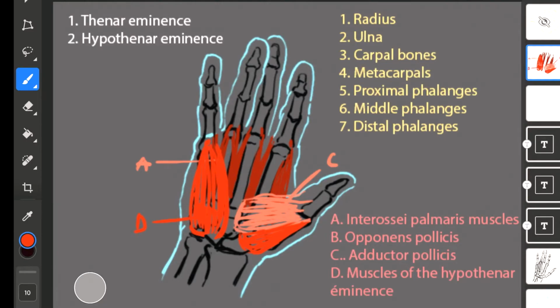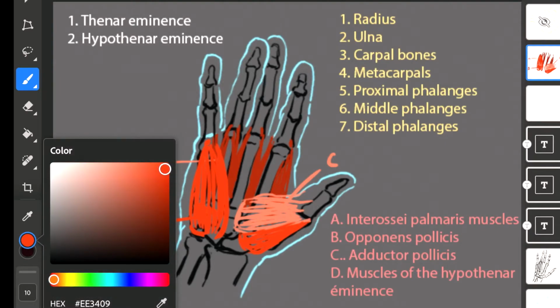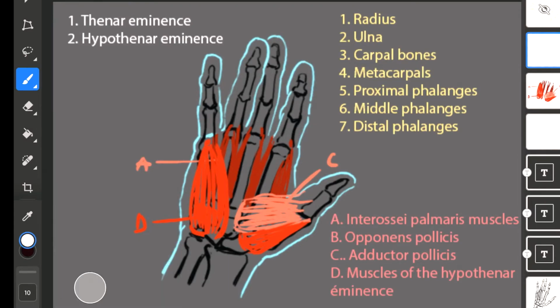Now let's talk quickly about the two landmarks of the palm of the hand. We have the thenar eminence, which is the ball of the thumb. That's going to be here. Let me add a different layer. There we go. Here is our thenar eminence. That's number 1. And then we have our hypothenar eminence, which is number 2.